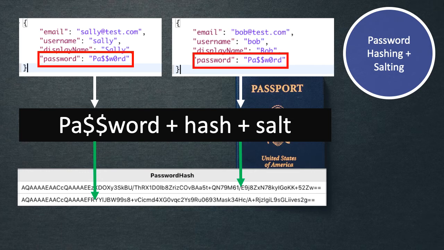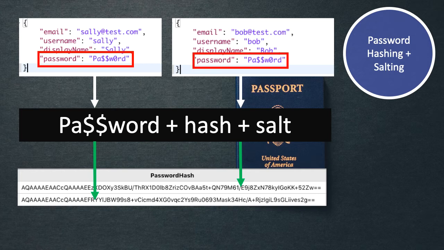And what this means is that if our database gets compromised, and somebody has access to all of our users' email addresses, they've got access to all of the users' hashed passwords, then each individual user's password hash would have to be cracked separately. Even if they've got the same password, the attacker would have no way of knowing that these two different users use the same password.